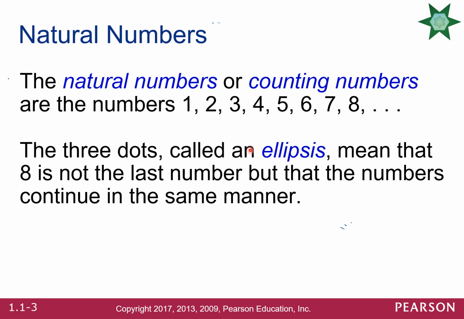So the three dots, they are called ellipses. It means that 8 is not the last number. The set does not end here, but it keeps continuing. All right. So with that understanding of counting and natural numbers, we can now talk about inductive reasoning and some examples of it, and we will be using these counting numbers to illustrate some examples of inductive reasoning.